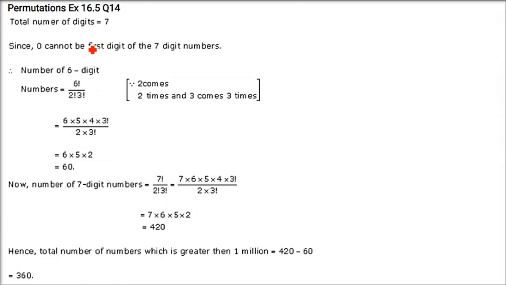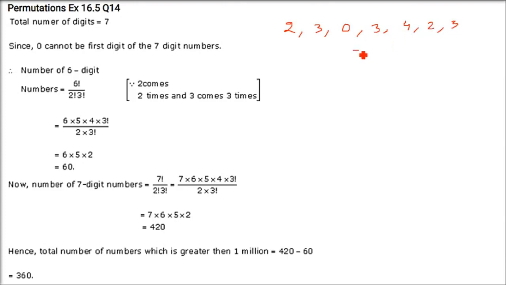Find the number of numbers greater than a million, where 1 million is 10 lakh, that can be formed with the digits 2, 3, 0, 3, 4, 2, 3. So how many digits are there?